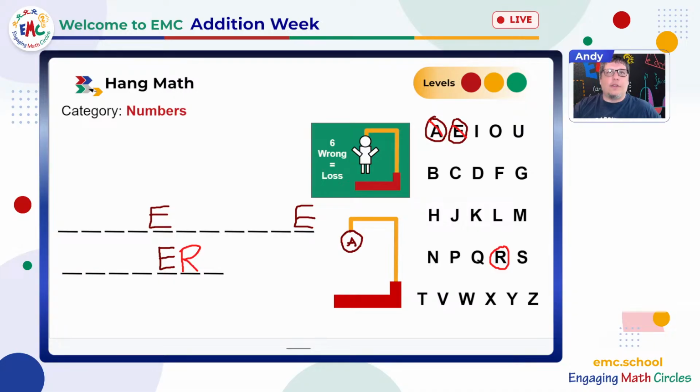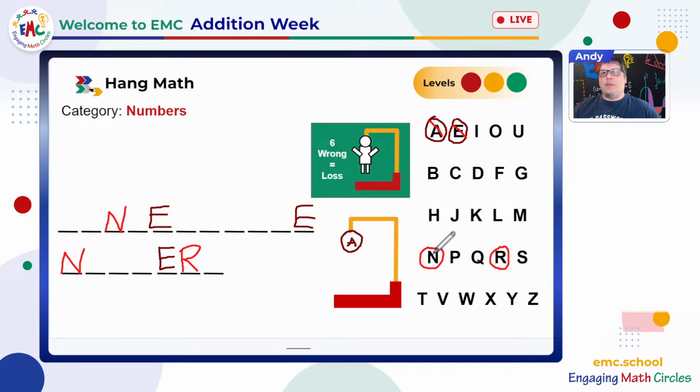Anyone got a guess for a letter? An N. I saw an N first, then we'll do the S. Okay, there is an N here and here. Great job.